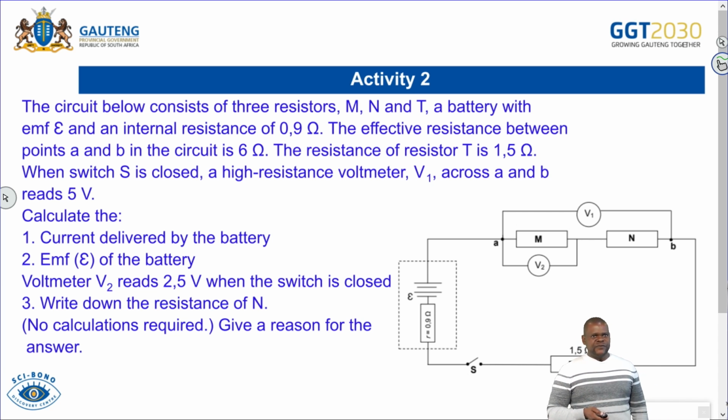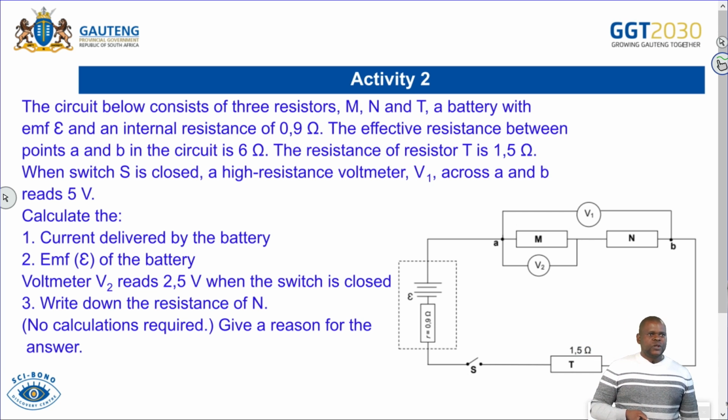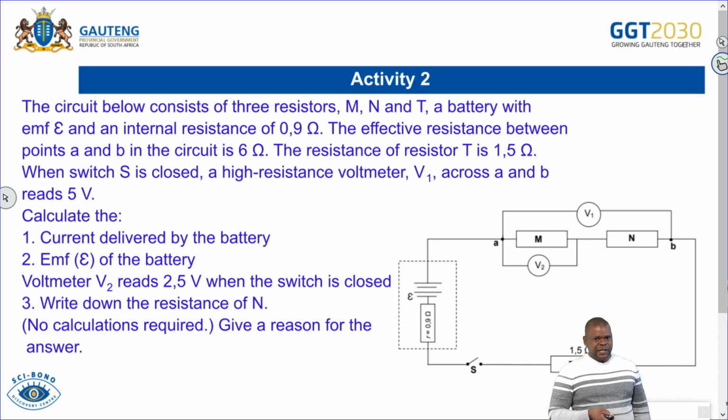The effective resistance between the points A and point B in the circuit is 6 ohm. That means when you add resistor M and N, you must get what? 6 ohm.